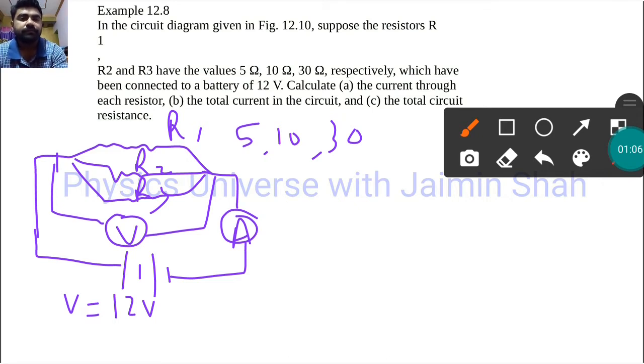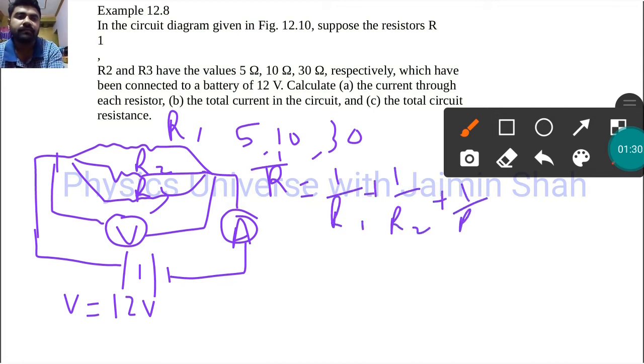First of all, see the total current in this circuit. To find that, I am going to find the equivalent resistance. We have parallel resistances, so 1 upon R is equal to 1 upon R1 plus 1 upon R2 plus 1 upon R3. So 1 upon 5 plus 1 upon 10 plus 1 upon 30.